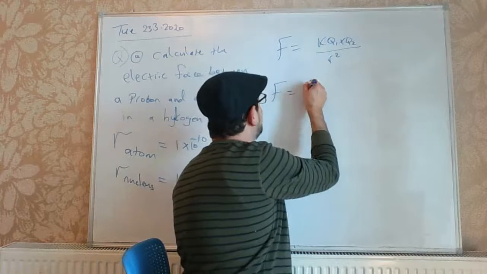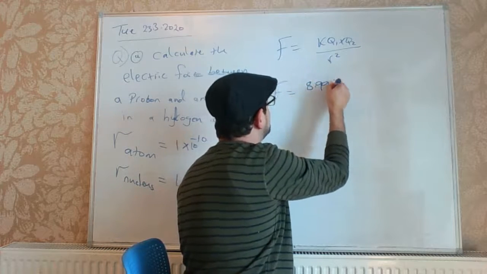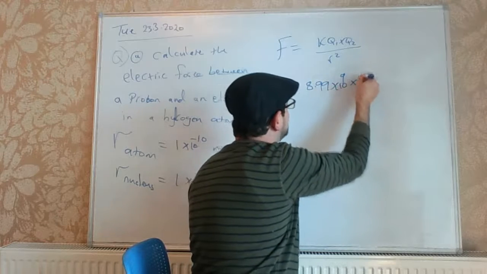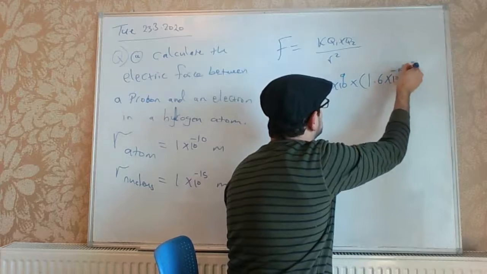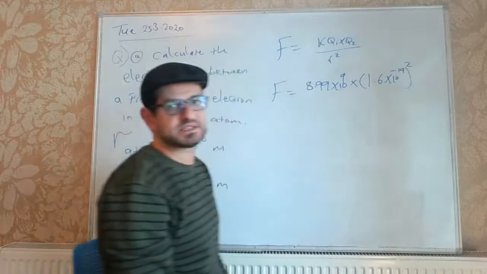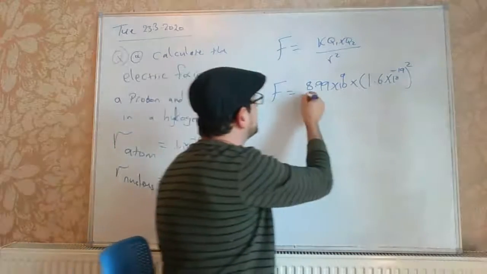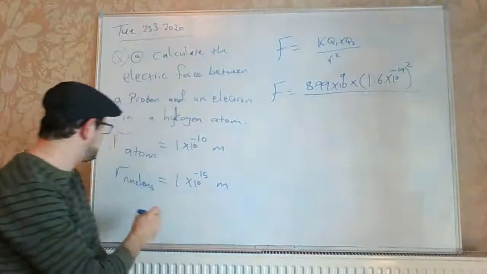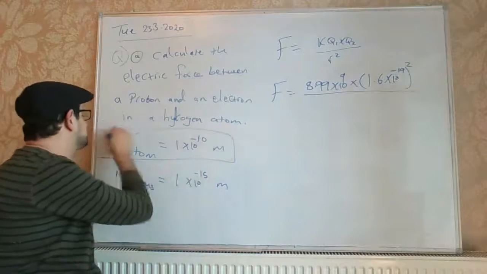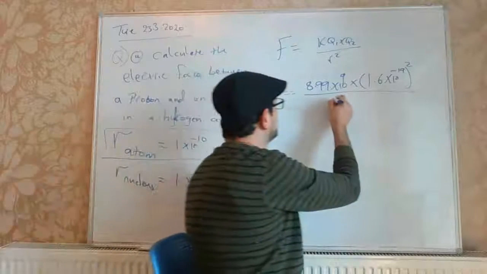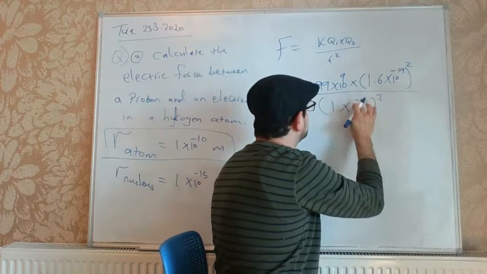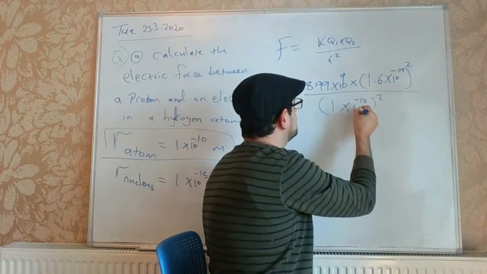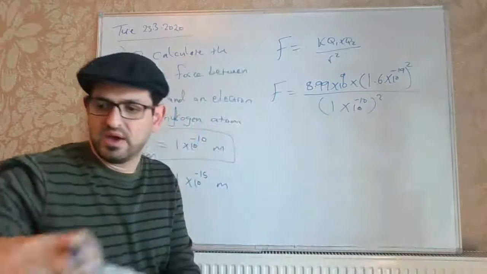K is 8.99 times 10 to the power of 9, times the charge of an electron or a proton, which are the same, 1.6 times 10 to the power negative 19, over the distance between them, which is the radius of the atom, squared.